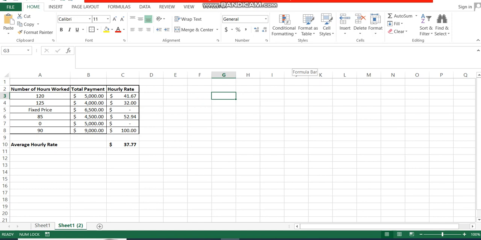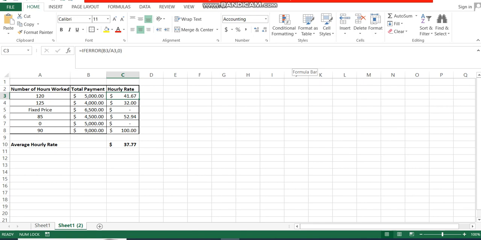Now all the errors are replaced by 0, but what difference did you observe? The average hourly rate declined, because 0 means the hourly rate is 0, and blank means that these entries should not be taken into consideration. So make your adjustment accordingly and replace the errors accordingly.